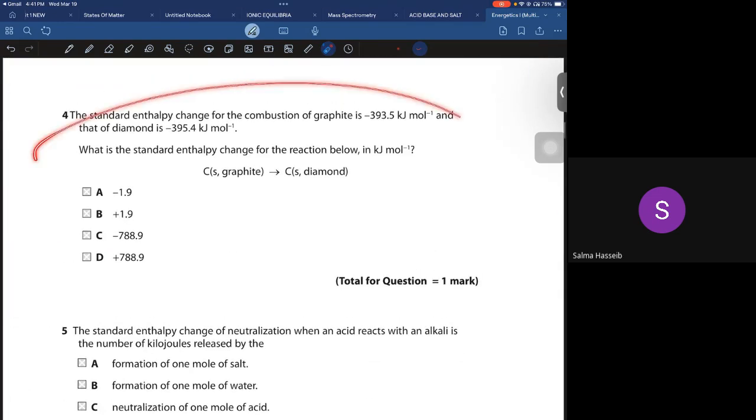See this: the standard enthalpy change for the combustion of graphite is minus 393.5 and that of diamond is minus 395.4 kilojoules per mole. What is the standard enthalpy change for the reaction below in kilojoules per mole? What was the answer for the previous question? Minus 243. A option was correct.